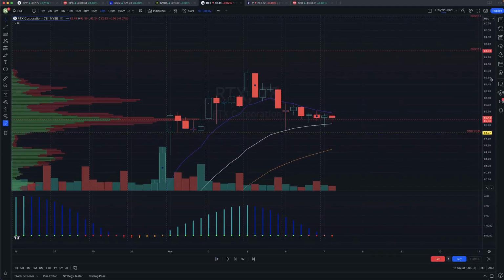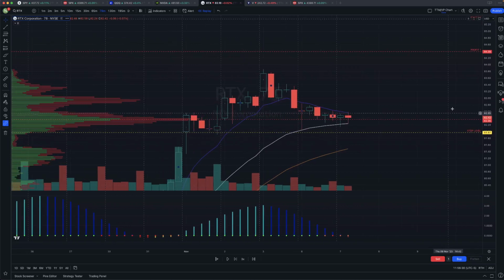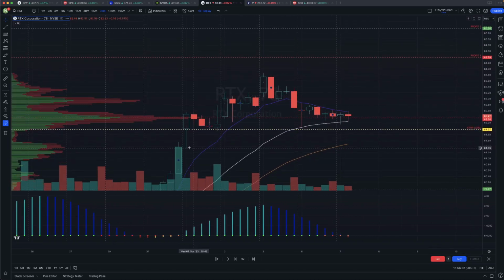So if I'm setting this trade up, you should be able to see this yellow line is my stop level. You can see I've drawn it there because we have a value area low here on the VP, which also conveniently lines up with support.